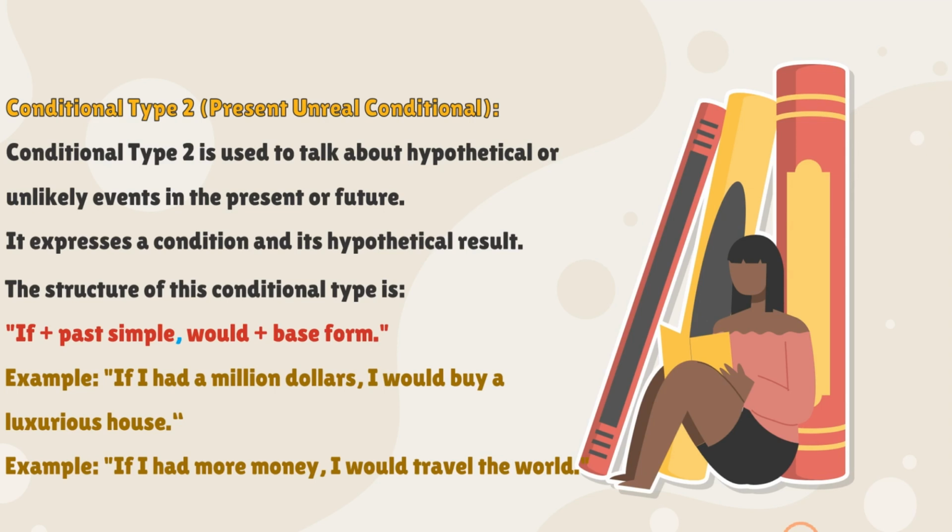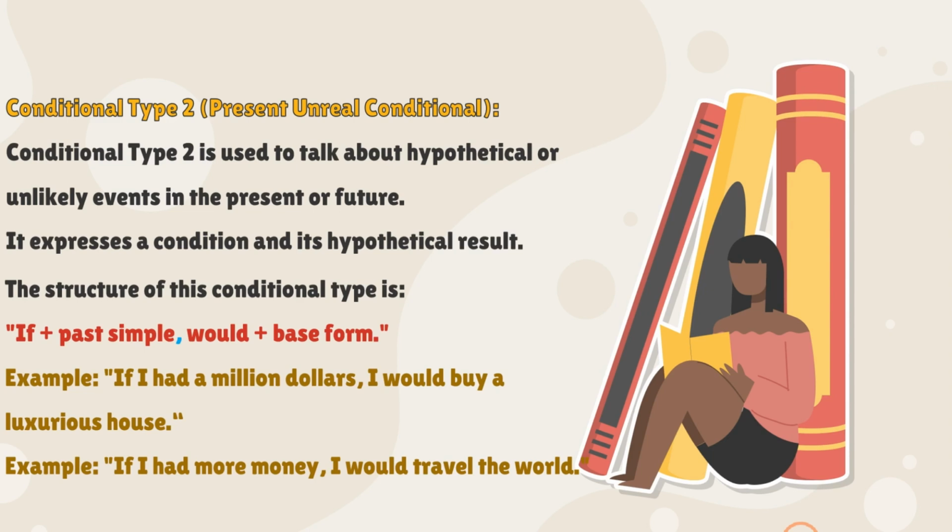For example, if I had $1 million, I would buy a luxurious house. Here, had is the past simple form of the verb. Another example, if I had more money, I would travel around the world. These examples express a hypothetical event in the present or future.